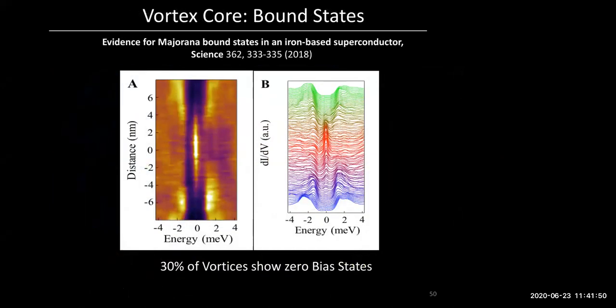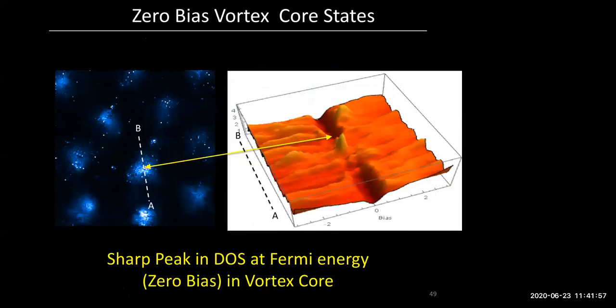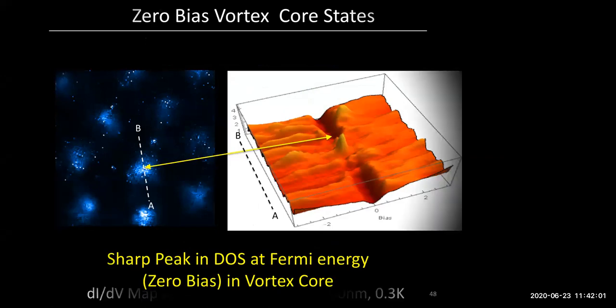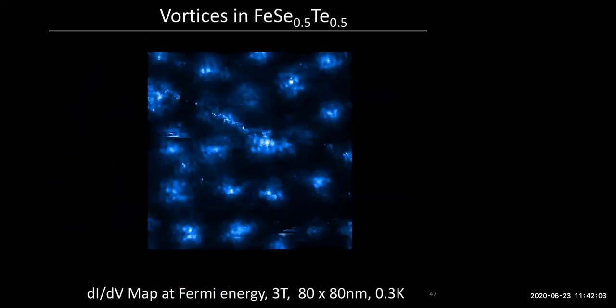Vidya, Dale also had a question. He asked, why is the gap map so inhomogeneous? So we think it might be because it's an alloy. Let me just go back for a second.